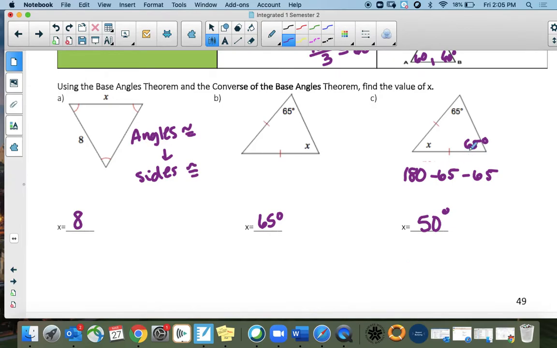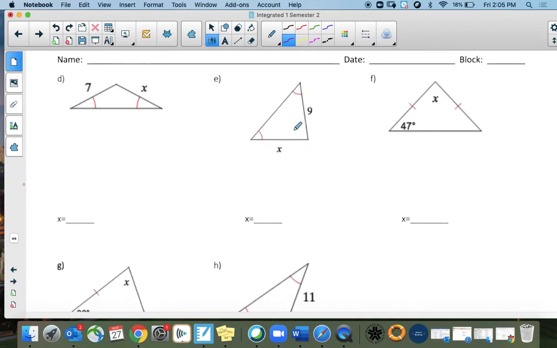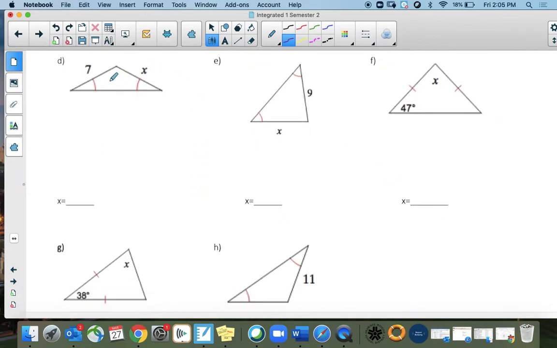Okay, so that one was hard to figure out. We had to say that because the two sides are congruent, we know the two angles are congruent, and we work backwards to finally find that third angle. Okay, if we know the two base angles are congruent, we know the two sides are congruent, so we know this is 7. Two base angles are congruent, therefore we know the two sides are congruent, so this has to be 9.